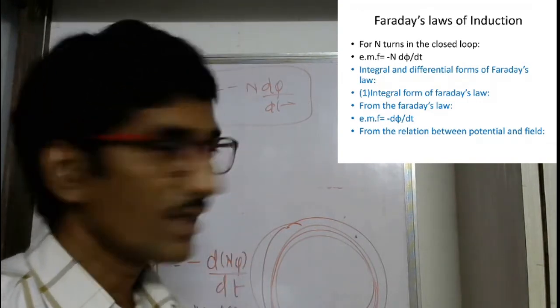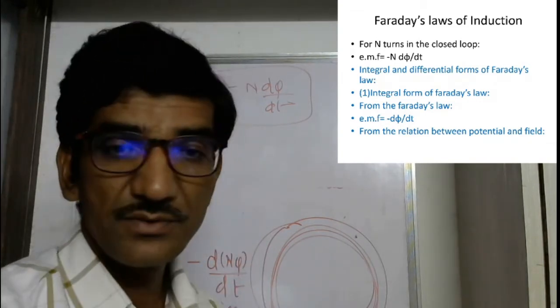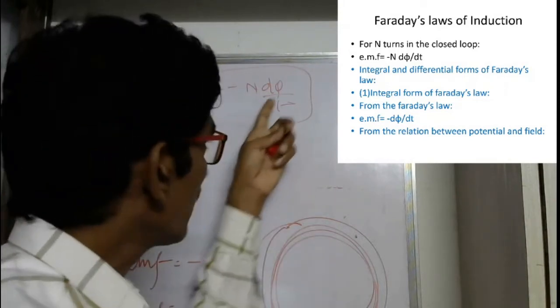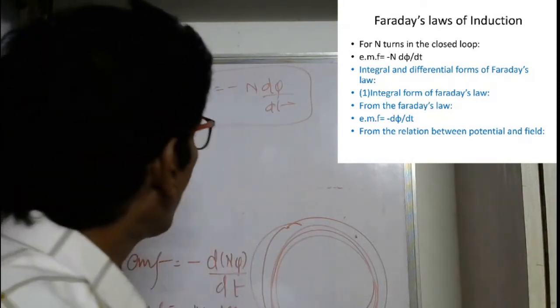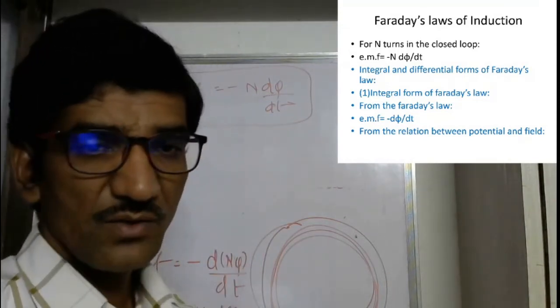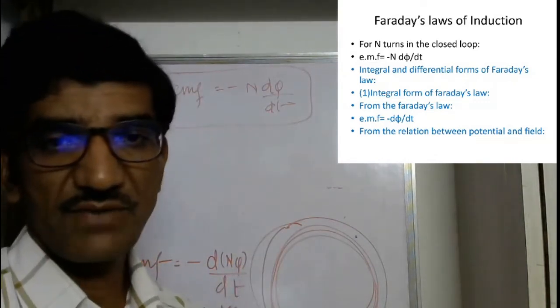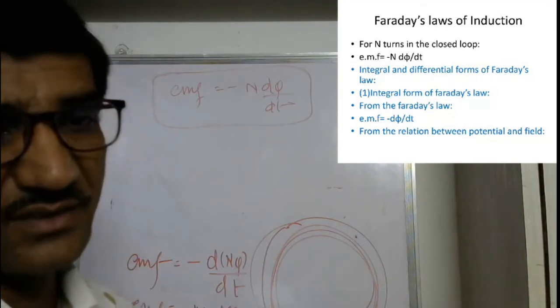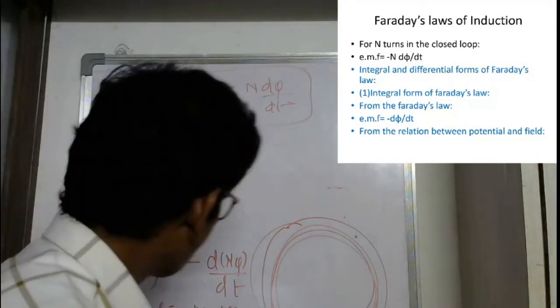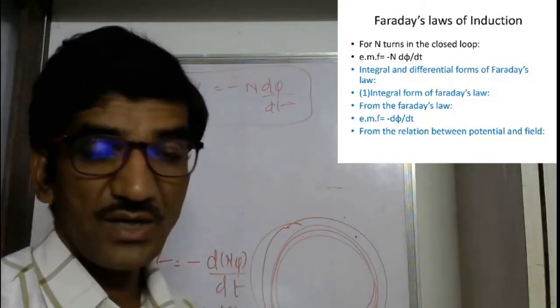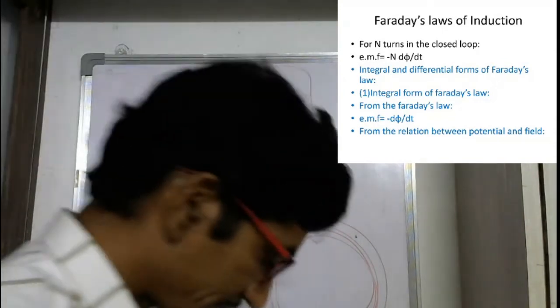Only one change: you have to multiply this d phi by dt, the rate of change of flux, with n, the number of turns in that coil. Sometimes this equation is also called Neumann's law.